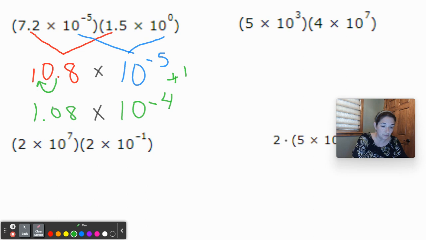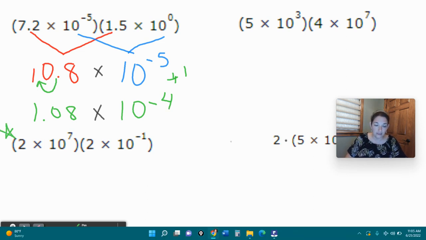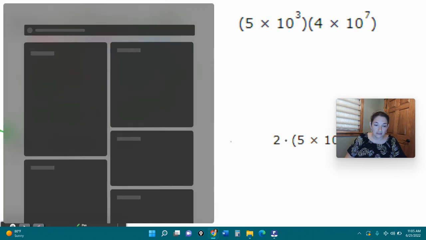Now go ahead and take a moment to try out this problem right here. We'll check to see how we did in just a moment.